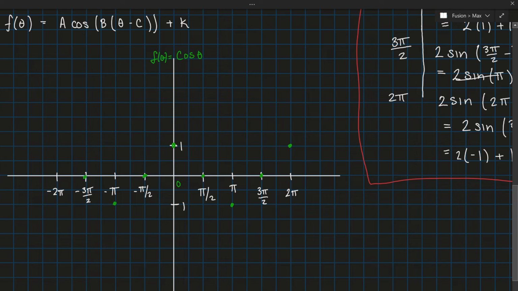And then 1. Okay. So if we plot this out, it will look like this. Kind of like that. And if we keep going, it just keeps doing the exact same thing.